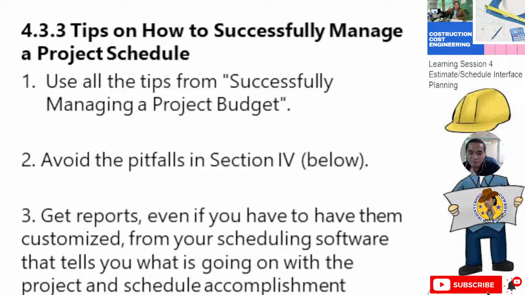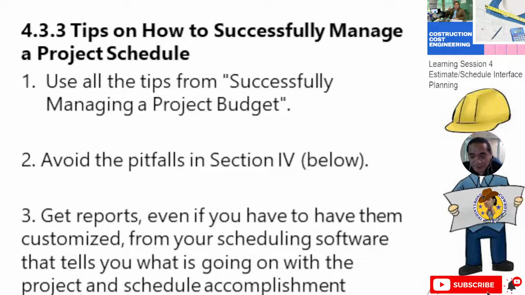Now we are on subtopic 3, tips on how to successfully manage the project schedule. If you are soon to be a project manager, this is good to learn. Number one, you have to use all the tips from successfully managing a project budget. Avoid the pitfalls.